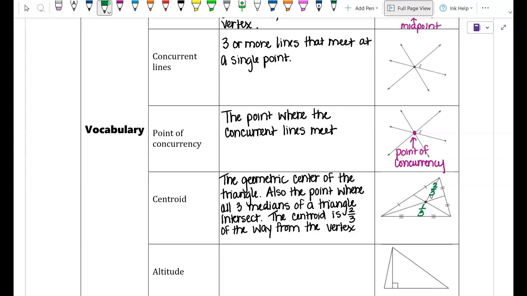So from the vertex to the centroid is 2/3 of the segment. From the centroid to the midpoint is 1/3. And that's going to become important in a lot of the math we're going to do in just a moment, having to do with medians.